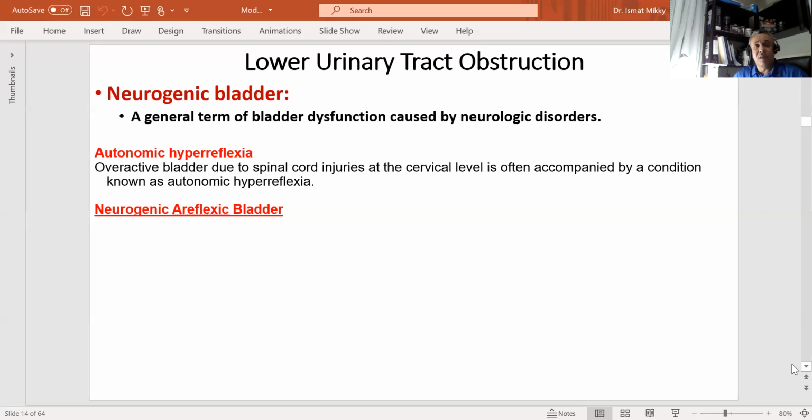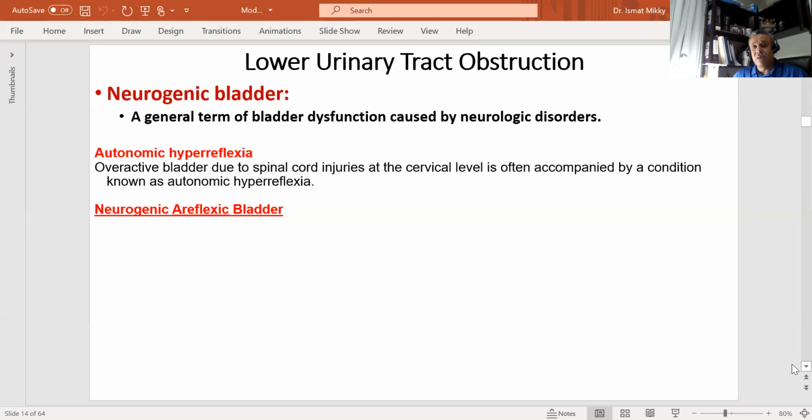Autonomic dysreflexia or hyperreflexia is one type. And we covered this, autonomic dysreflexia, under the neurologic system. This was one of the complications that could develop in patients with spinal cord injury in the thoracic region above T6.